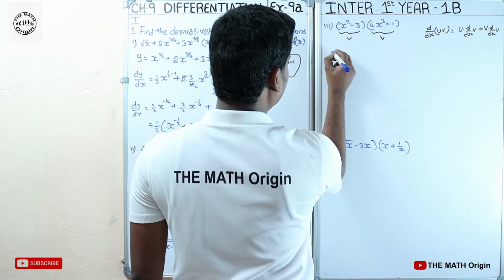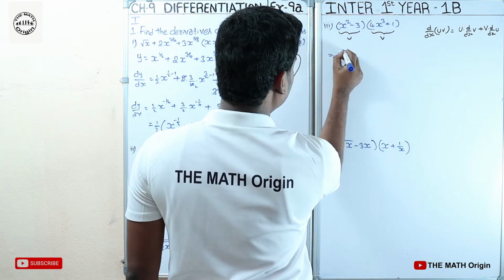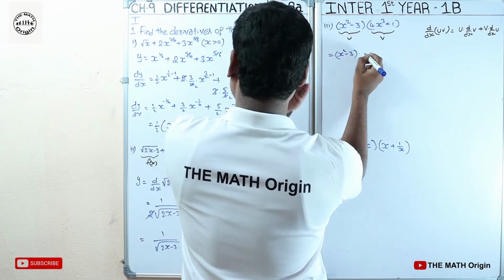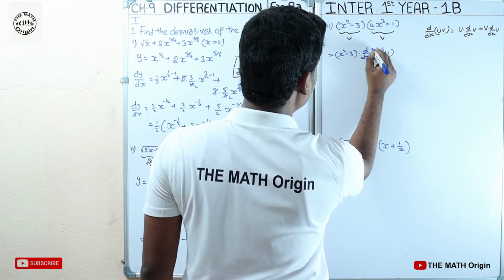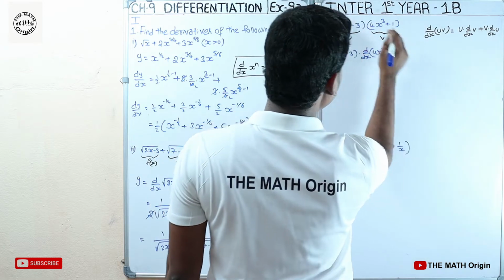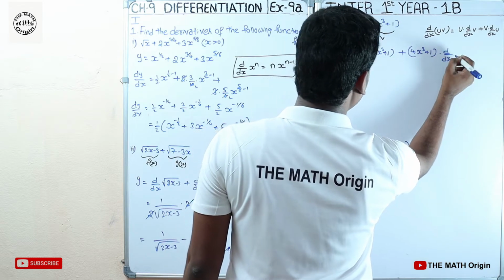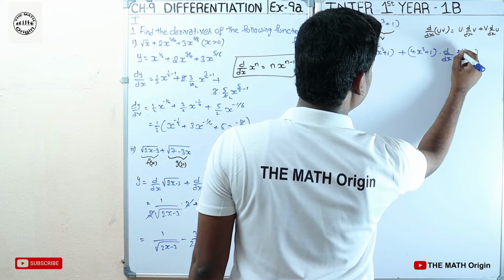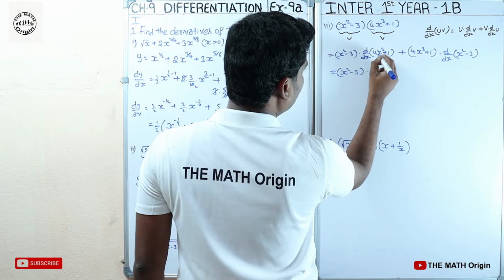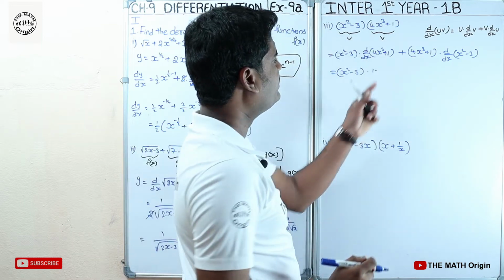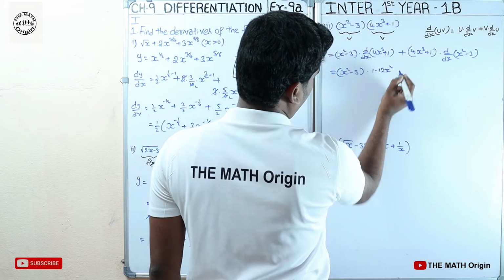In the same way, let's write it down. u is x square minus 3 into d by dx of 4x cube plus 1, plus v, which is 4x cube plus 1, into d by dx of x square minus 3. Therefore that equals x square minus 3 into the derivative of 4x cube, which is 4 into 3, that is 12x square.